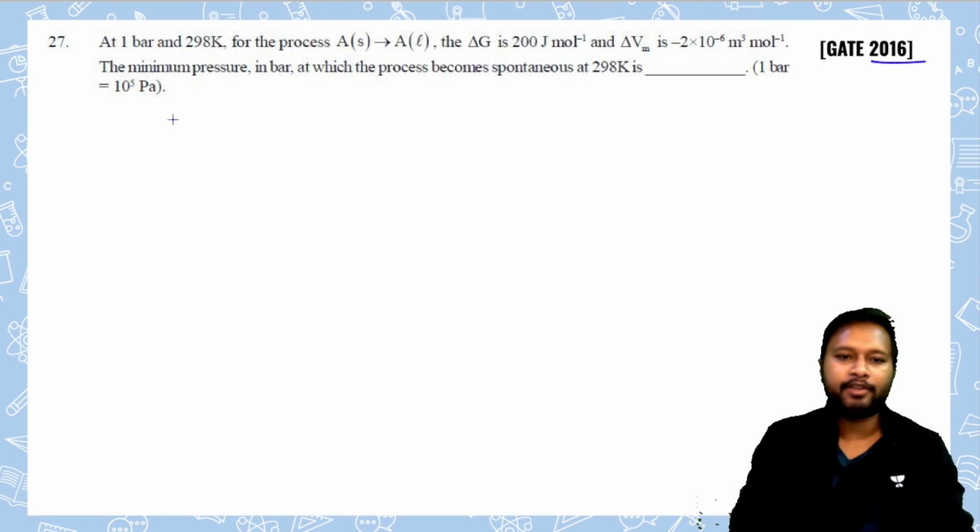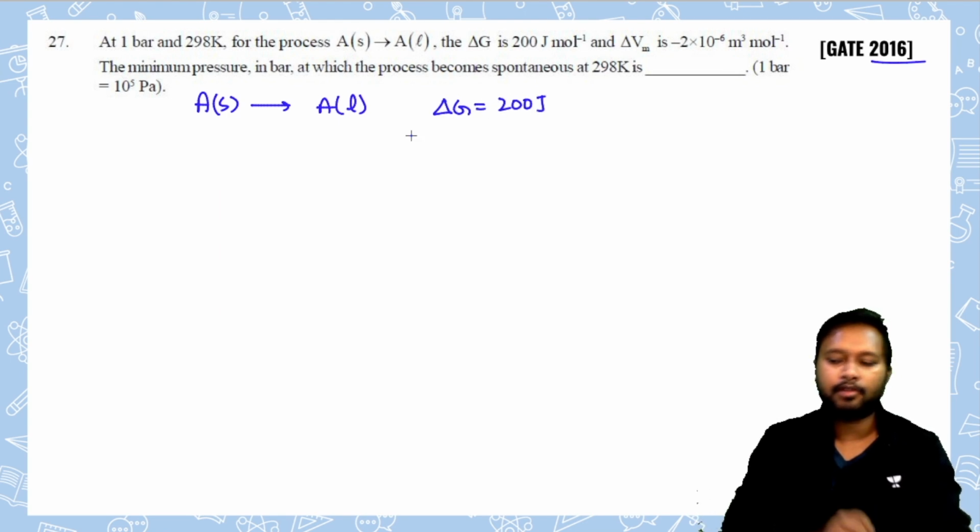So what you have to do is, first of all, let's write down that a solid converted into a liquid, the delta G of the reaction is 200 joules per mole. That's the value, and you have delta Vm as minus 2 into 10 to the power minus 6 meter cube per mole.